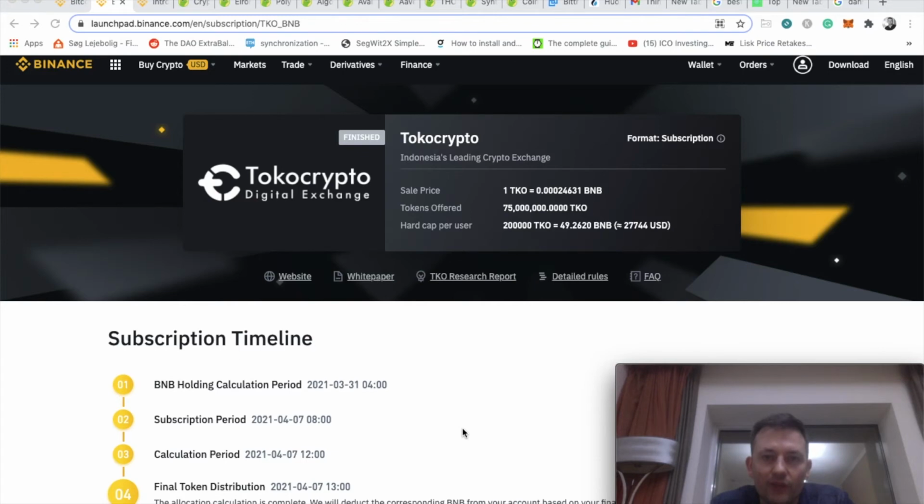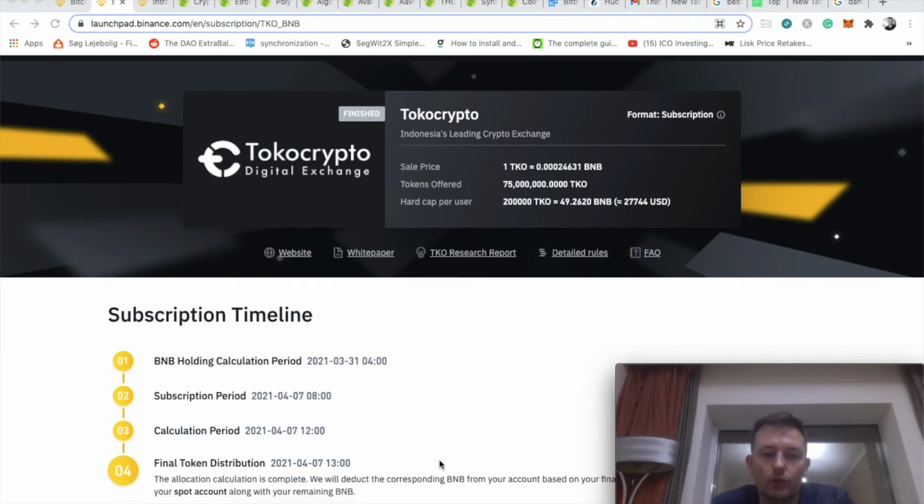So it's not financial advice, but I would subscribe all the BNBs that I have to this project, because you will probably only get something like 0.5% of the BNB that you subscribe to the Launchpad project in Launchpad tokens. So you will get a really small amount if you don't subscribe your entire BNB allocation to the project.